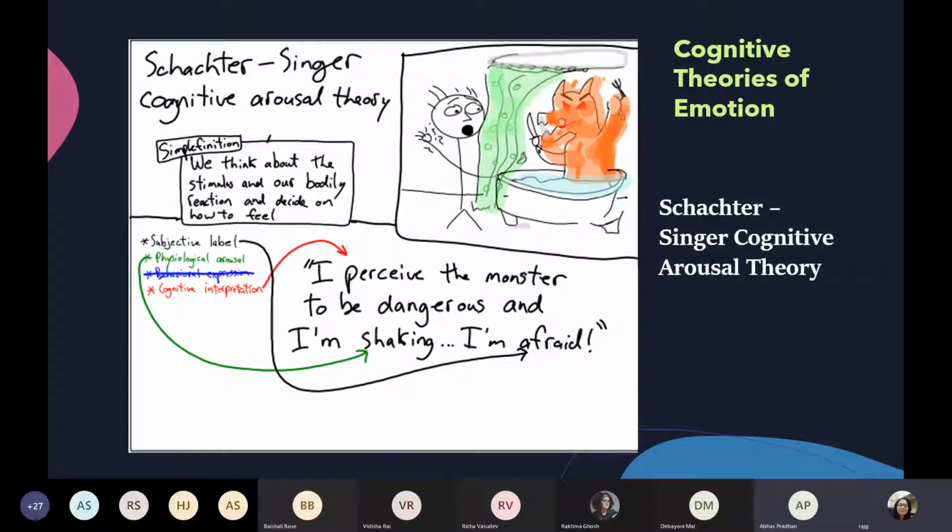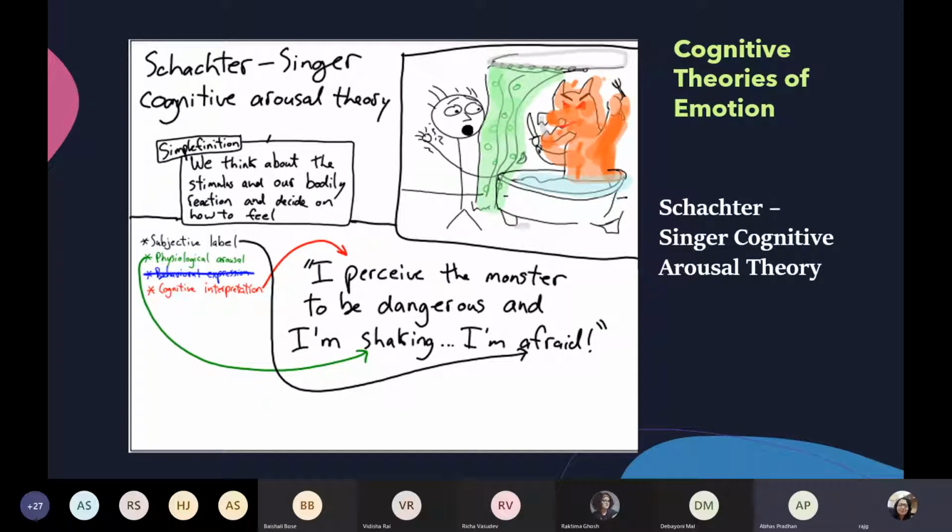So what does Schachter-Singer theory say? That we think about the stimulus and our bodily reaction and decide on how to feel. Do you agree with this? It's an extension of Cannon-Bard, that there is a physiological reaction, and there is a thinking part.